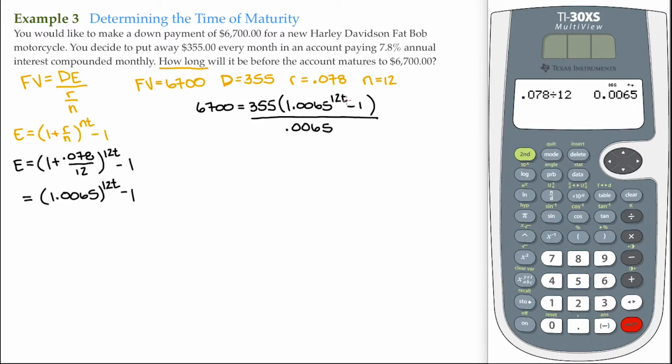Now we'll use algebra. We're going to be looking to isolate this term here because we want to isolate our variable up here. So I'll multiply both sides by 0.0065. These will cancel. 0.0065 times the $6,700.